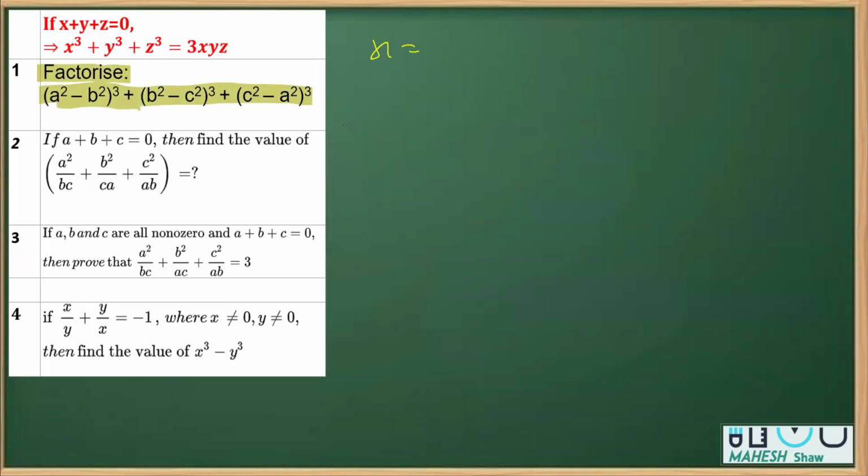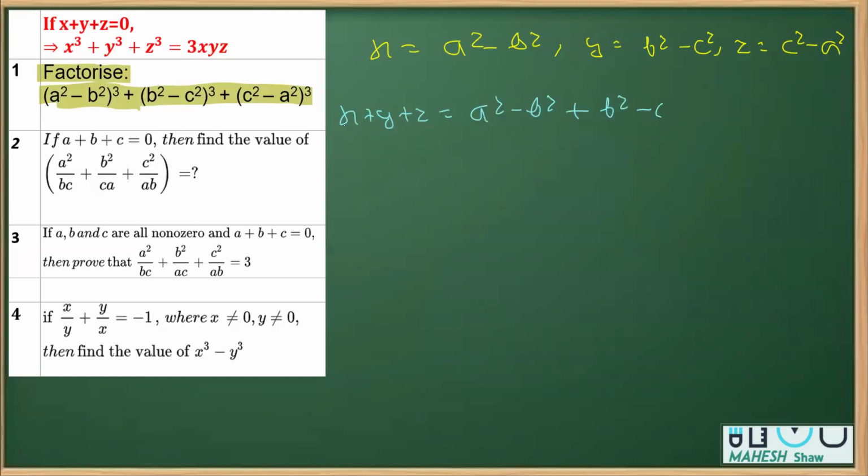That means, say if I take the first term x equal to a square minus b square, say y is equal to b square minus c square, and consider z as c square minus a square. Now figure out what you are getting on adding x plus y plus z. Clearly, on adding, this is a square minus b square, y being replaced with b square minus c square.